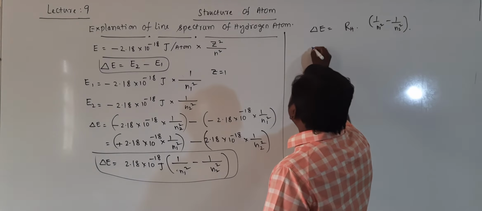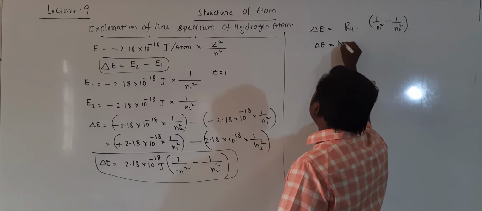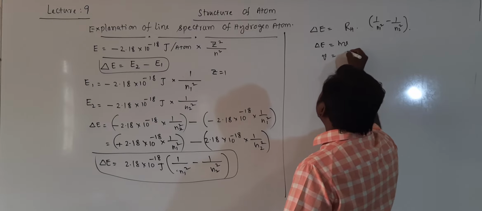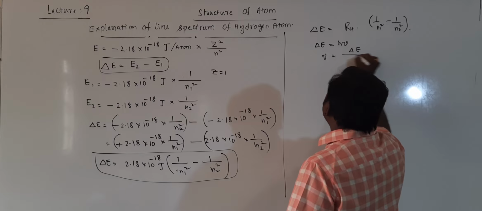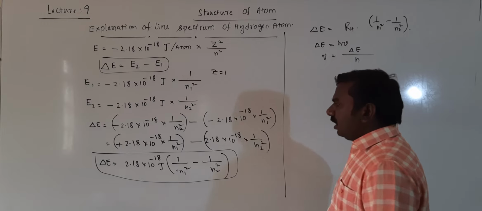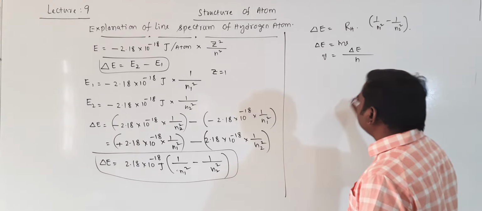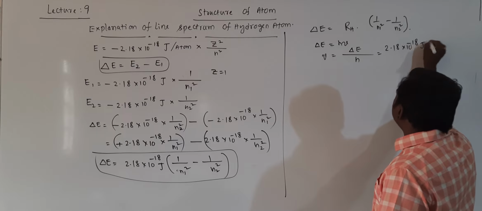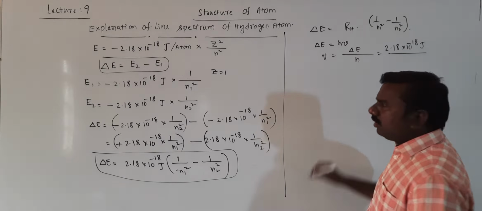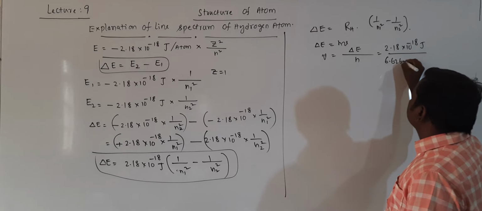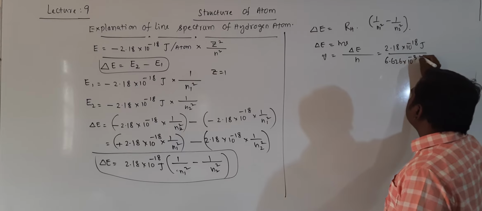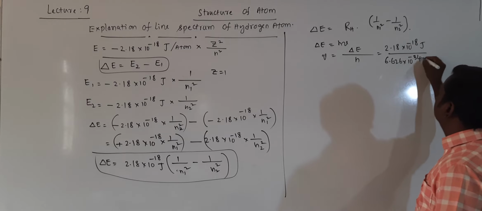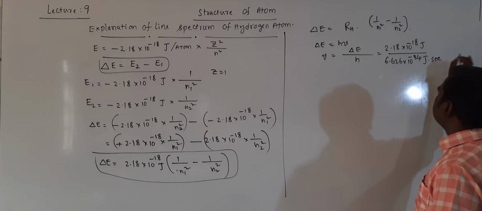For example, E equal to h nu, so nu is equal to delta E by h. From the energy point of view, the value is 2.18 into 10 to the power of minus 18 joules divided by the h value, 6.626 into 10 to the power of minus 34 joule seconds.